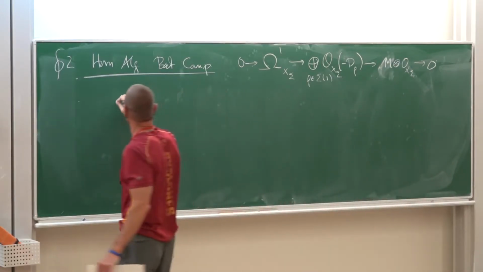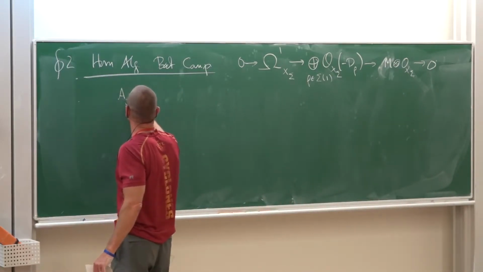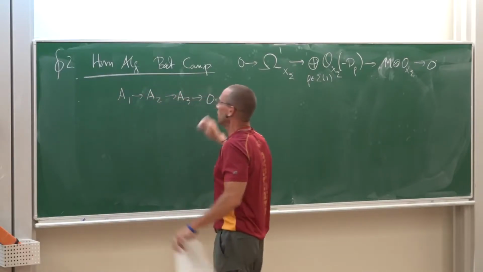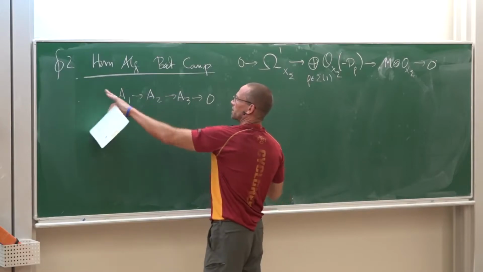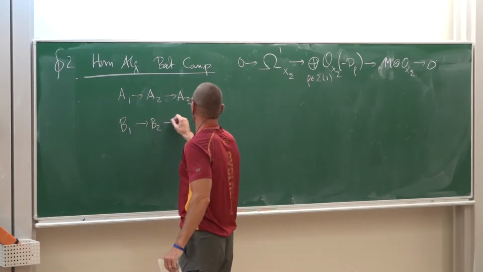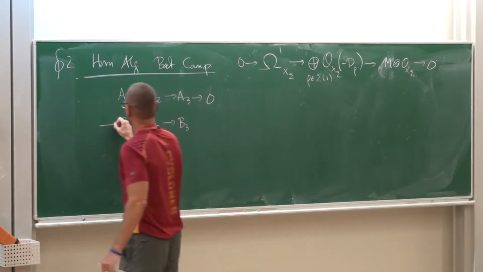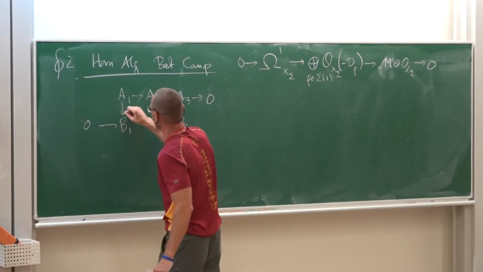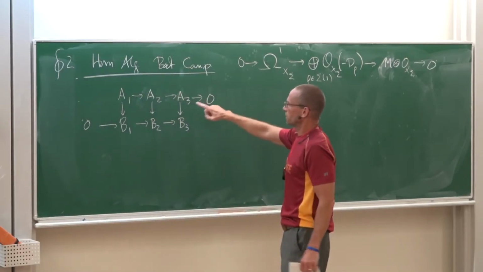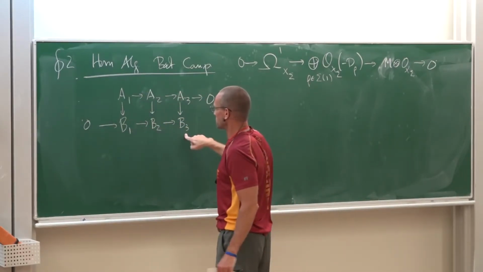So the snake lemma says the following. Suppose that I have the following. A1 goes to A2, goes to A3, goes to 0. Sometimes you'll see this with left exactness here, but we don't really need it, so I'm not going to put it in. B1, B2, B3. So I have a right exact sequence and a left exact sequence, and I have maps between them. So this is exact and this is exact.